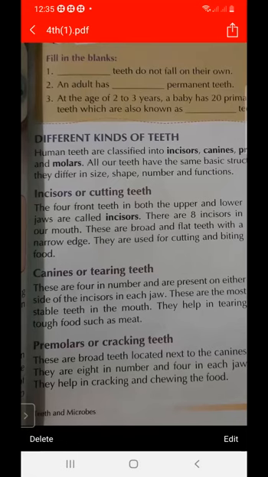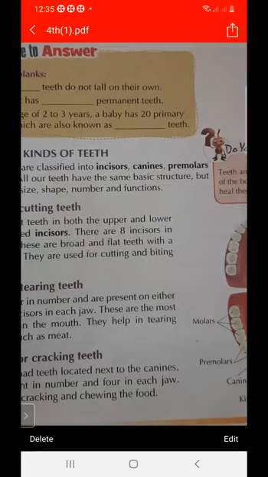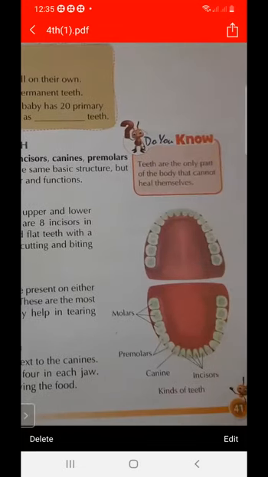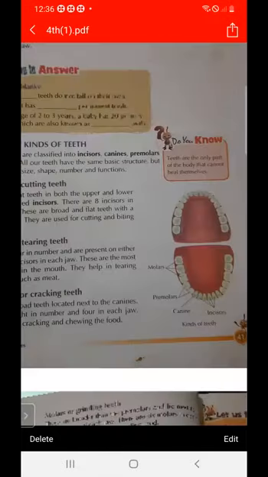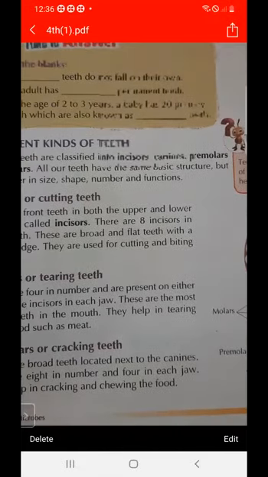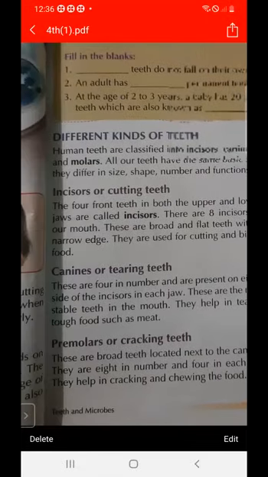These are broad and flat teeth. As shown in the figure, the four teeth in the upper jaw and four teeth in the lower jaw are called incisor. So they are eight in number, and incisor is called cutting teeth.